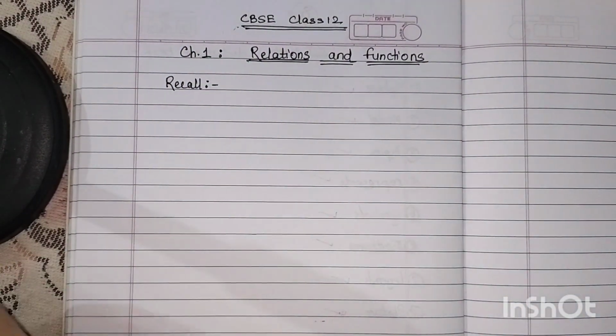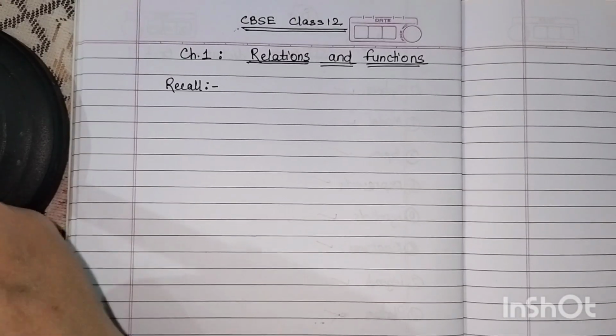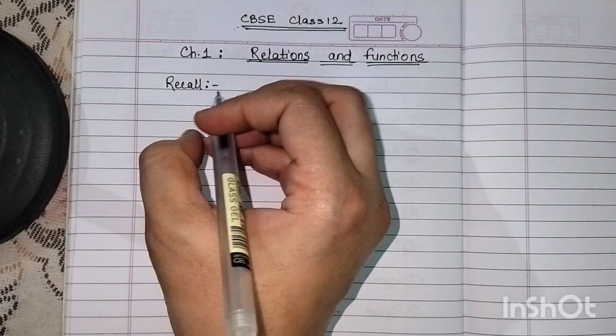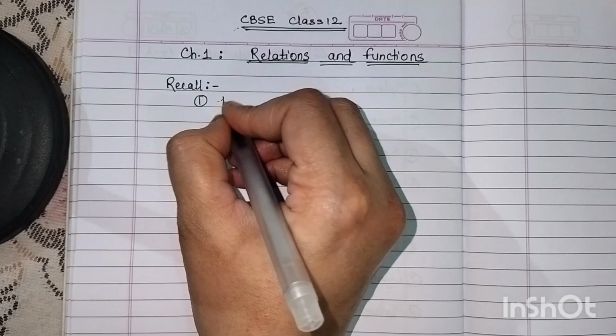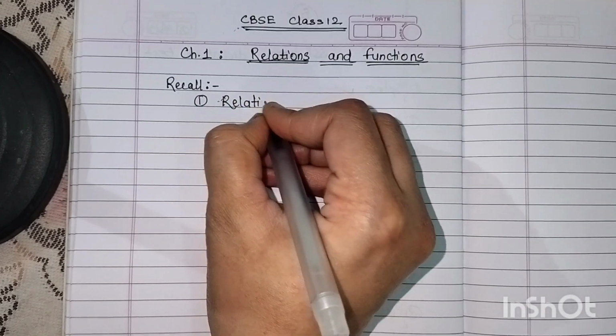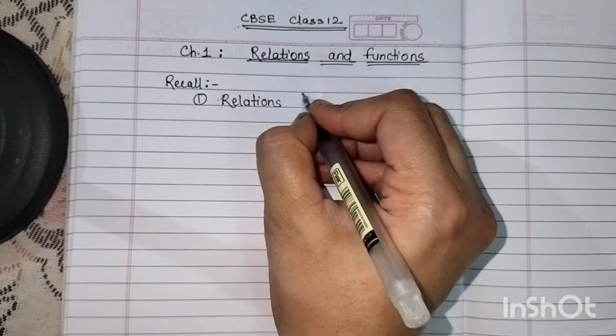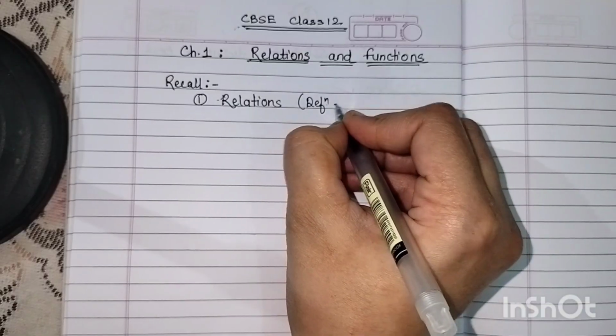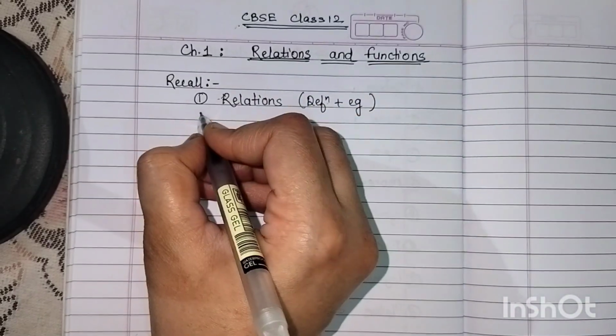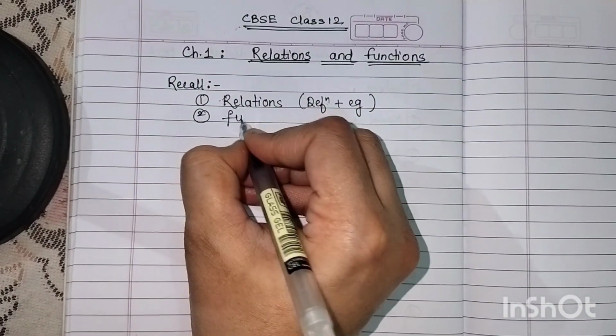Okay, before that, let's start with what you have studied in your class 11th. The topics that you have studied already in class 11th are relations, where you have done definitions and examples. And then the second one is functions.